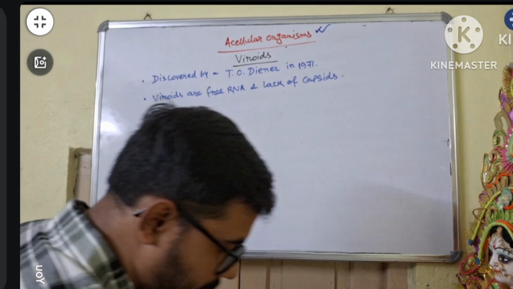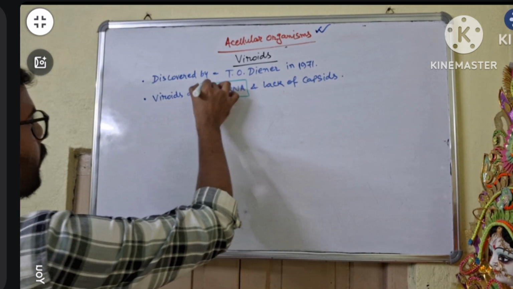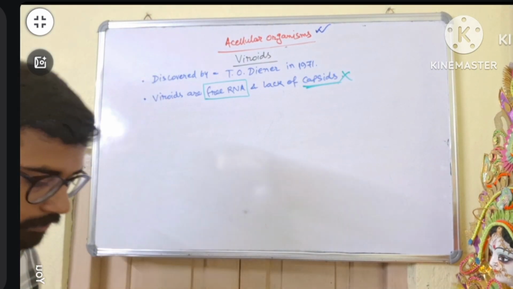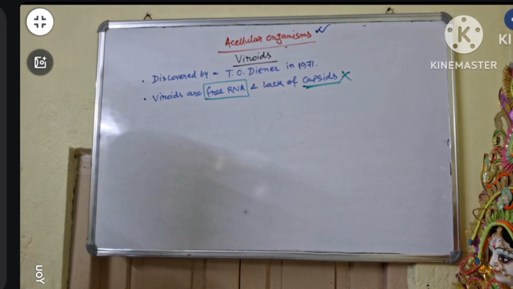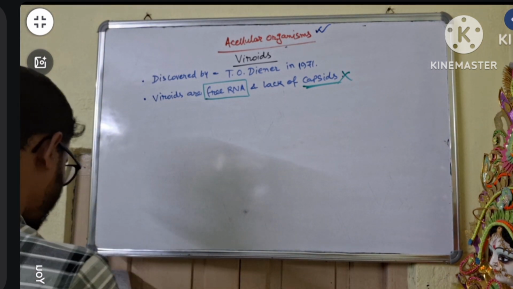Viroids are free RNA, meaning their structure only contains RNA and does not contain a capsid. Clear? No capsid protein layers are present in viroids.